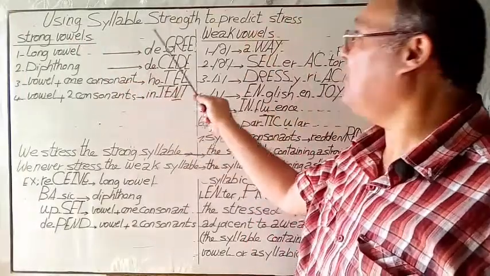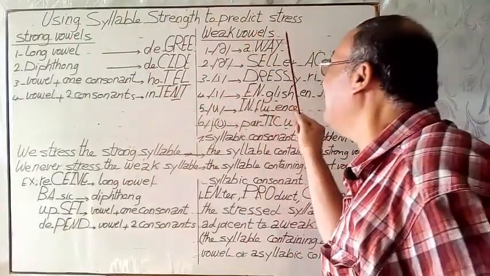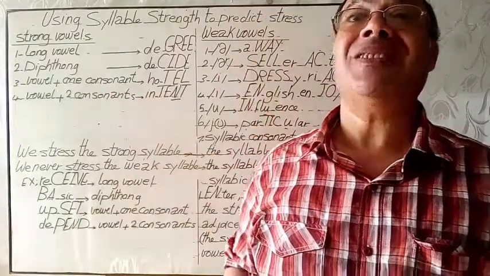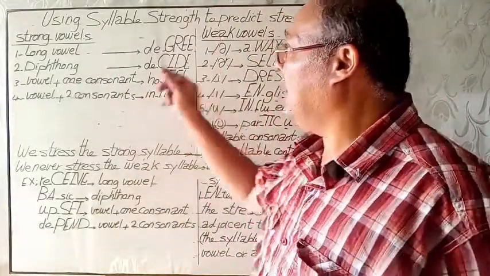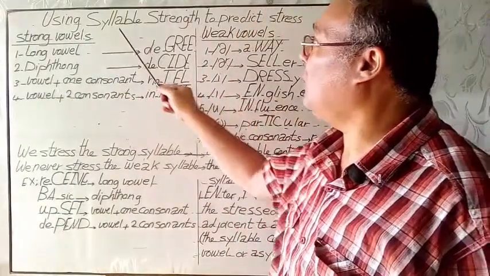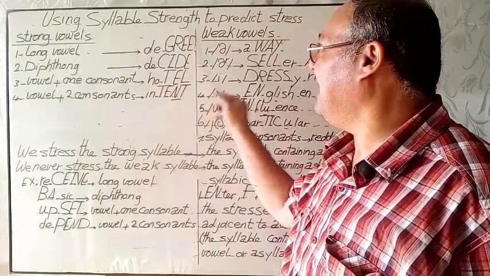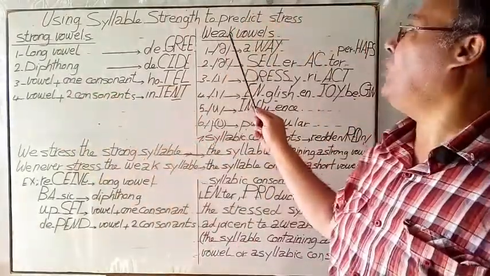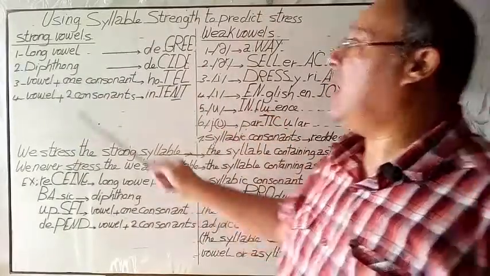Using syllable strands to predict stress. We have two different types of vowels in terms of syllable stress: strong vowels and weak vowels.